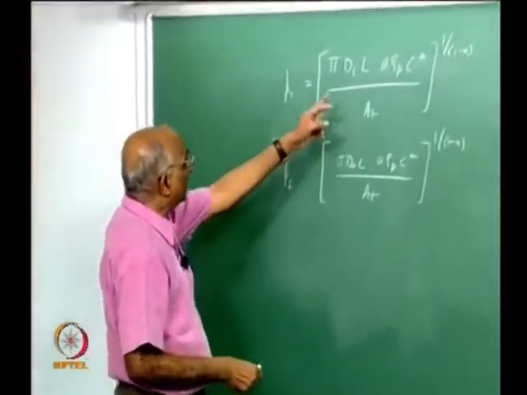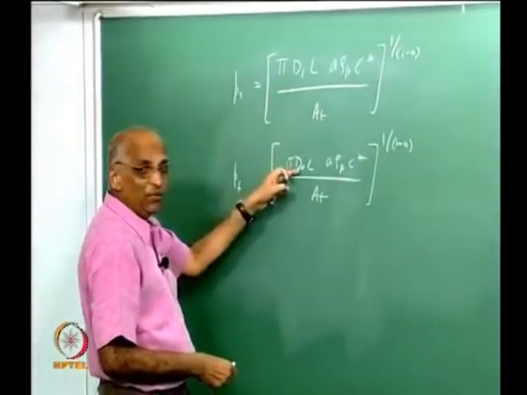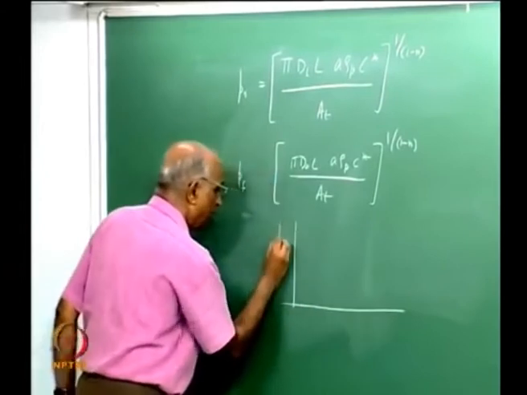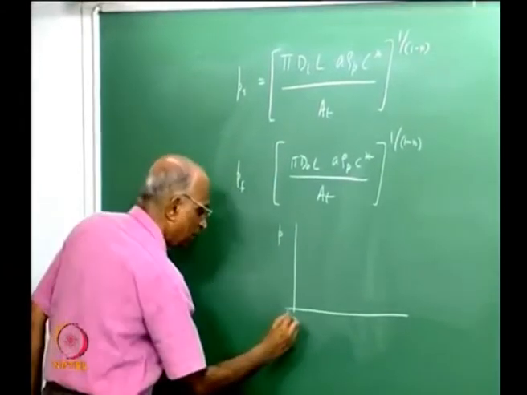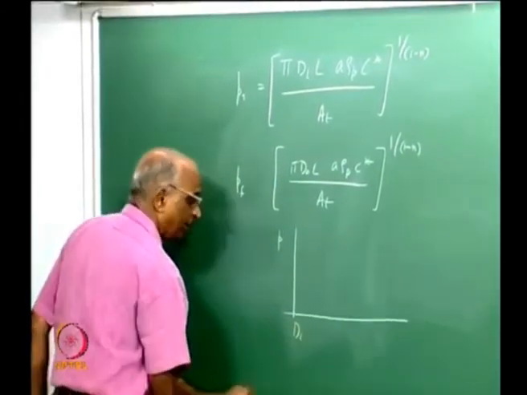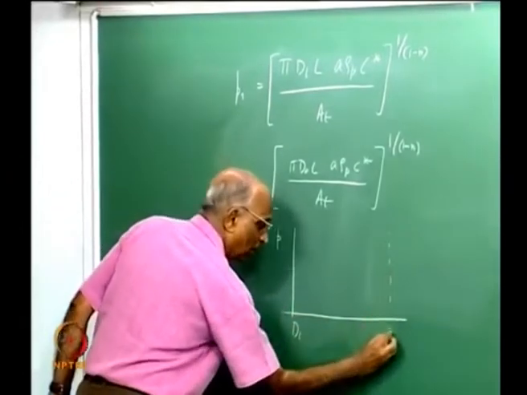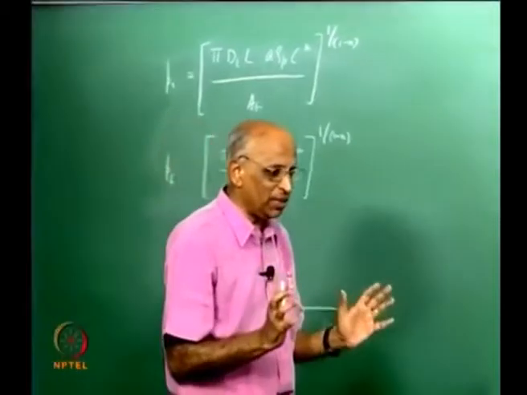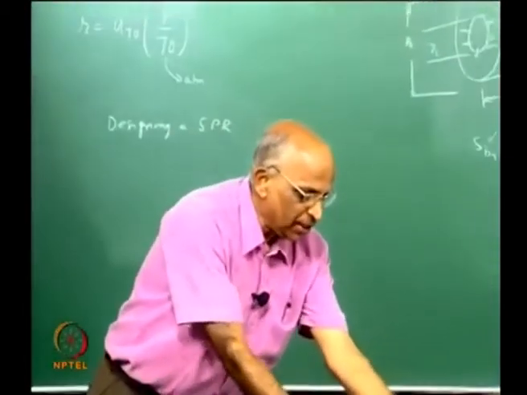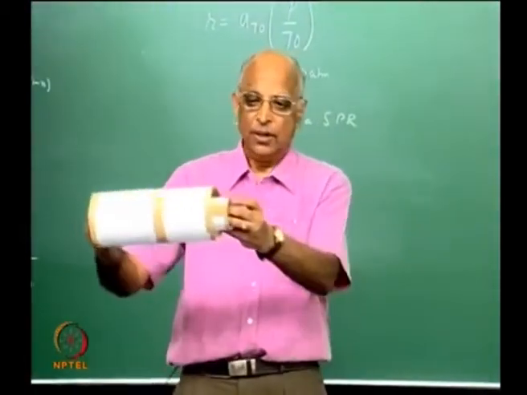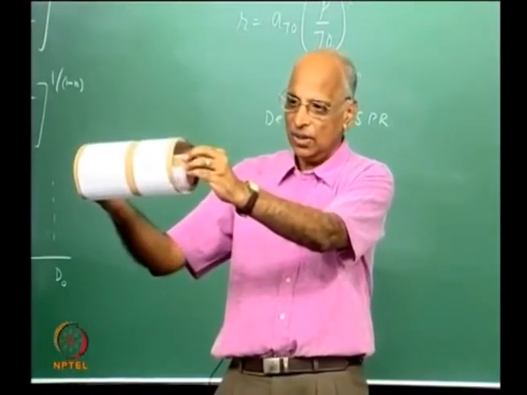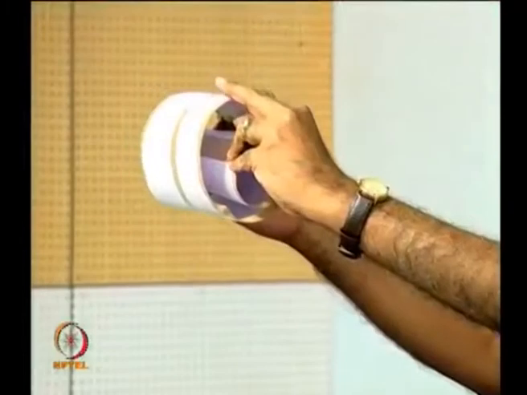That means d_i has increased to d_o. In other words, if I were to now plot the pressure, initially the diameter is d_i, the motor burns out till the diameter d_o is reached. Let's keep our terminologies very clear. This is the inner surface, it is over here, in between the two I have an annulus, it starts burning from the inner diameter, reaches the outer diameter.